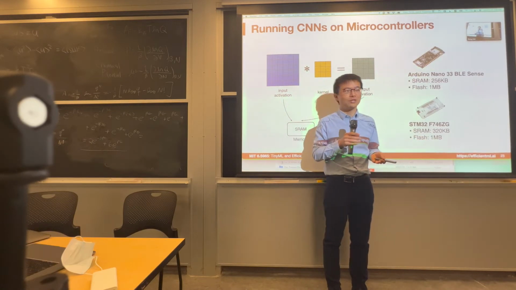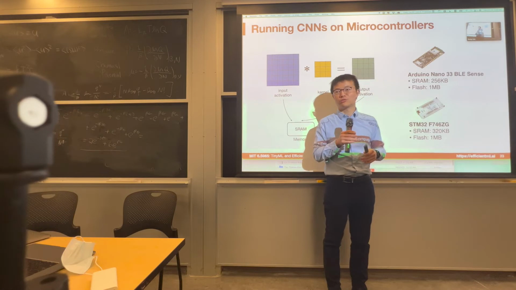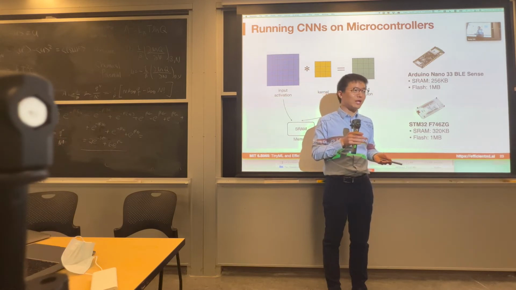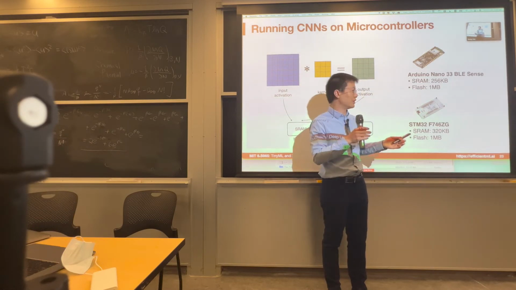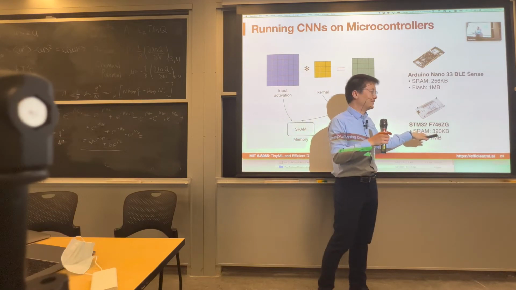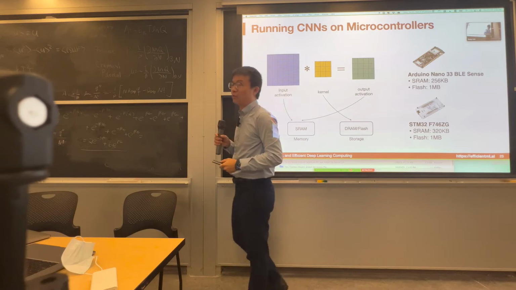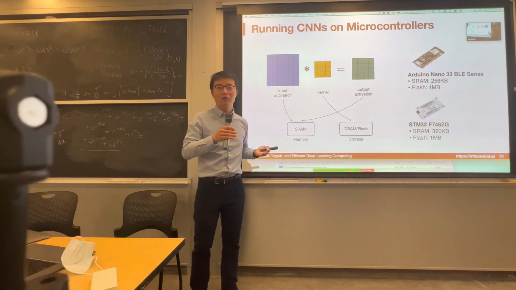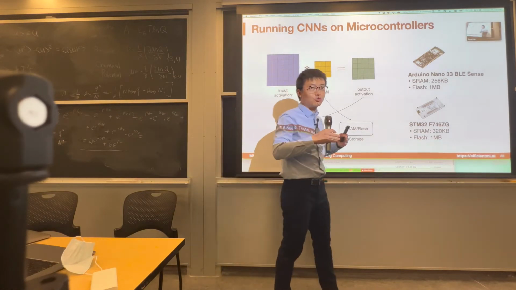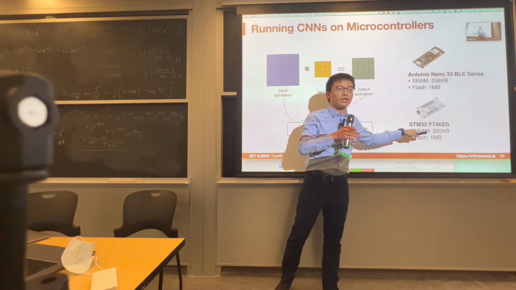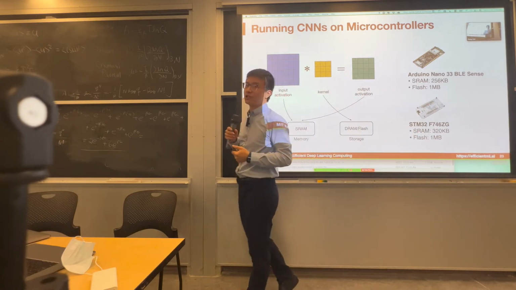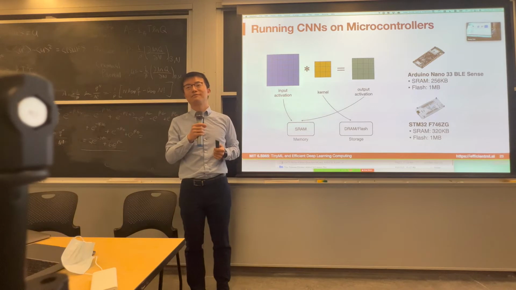We give you the opportunity to play with one of such boards and to implement a neural net so we can demonstrate to your mom at home. This board has 320 kilobytes of SRAM and 1 megabyte of flash. And all our job is to squeeze the neural nets small enough to fit such tiny little devices.